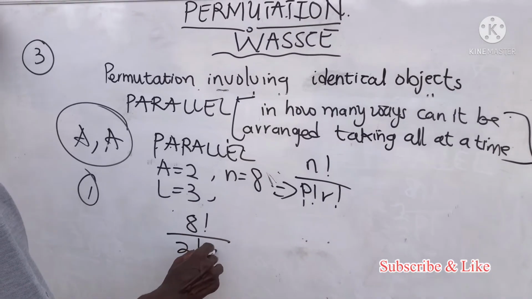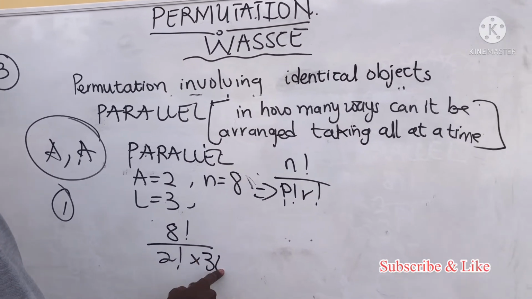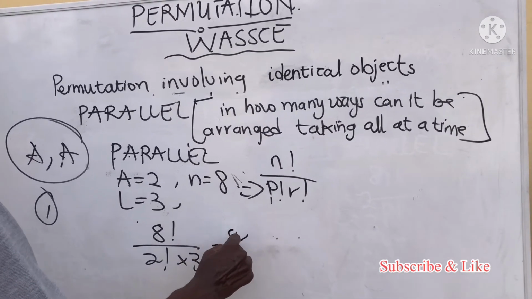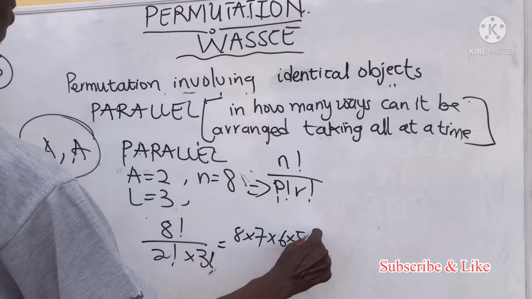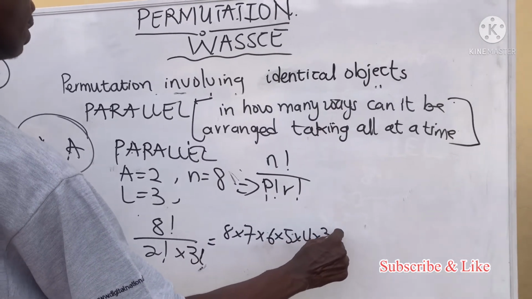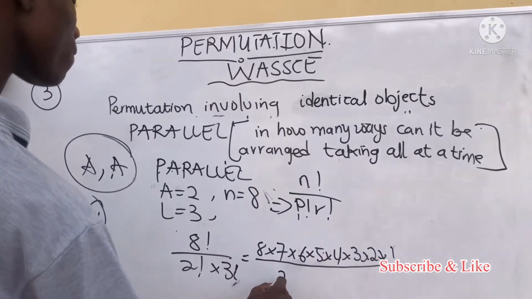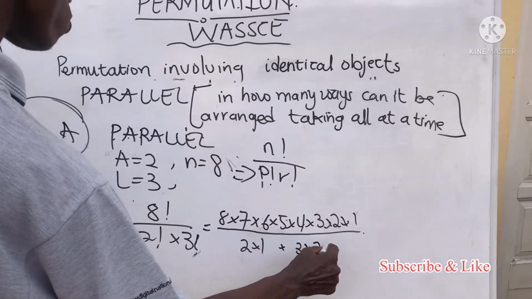We want A to cancel out, times R, which is L. L is 3 factorial. Now this becomes 8 times 7 times 6 times 5 times 4 times 3 times 2 times 1, all over 2 times 1 times 3 times 2 times 1.